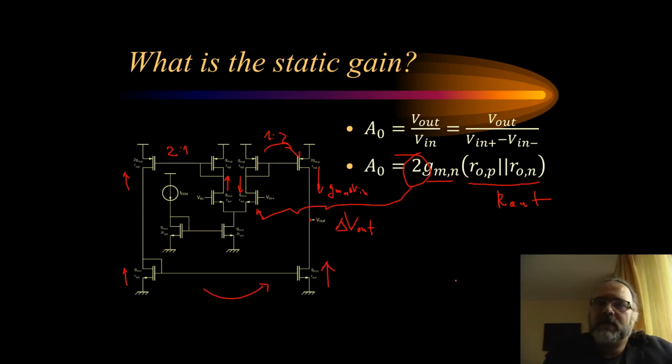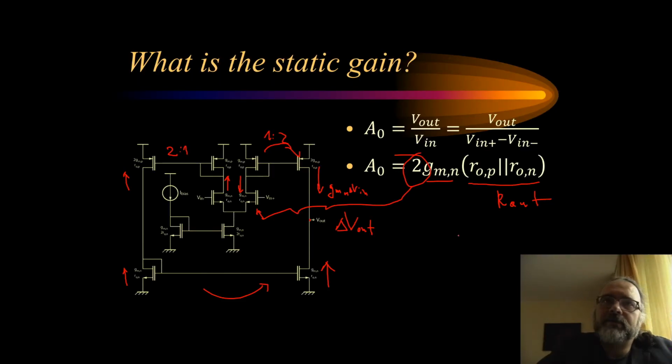Now, these are the small signal output resistances of the NMOS and the PMOS transistors, which are due to the channel length modulation effect of the transistor. Usually, for transistors in saturation, these are very large resistances. So we are talking about tens or hundreds of kilo ohms.